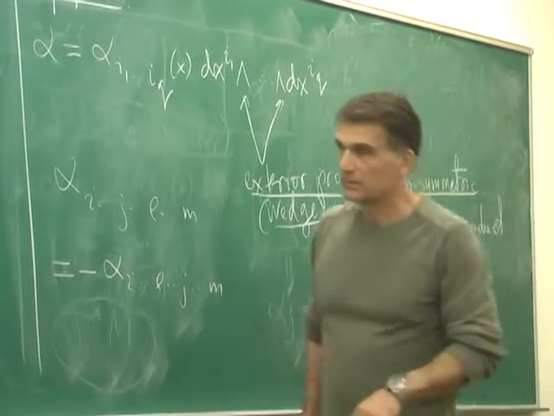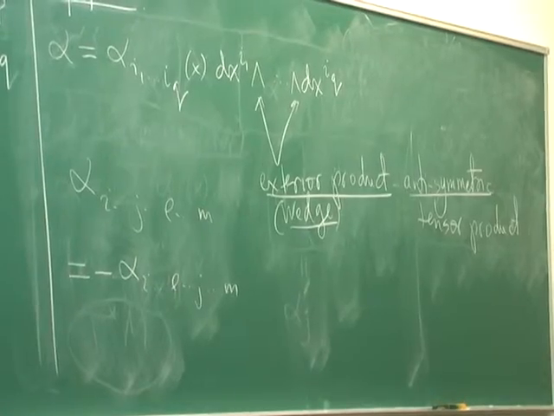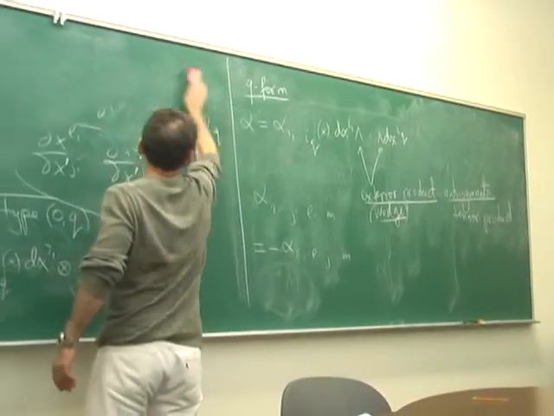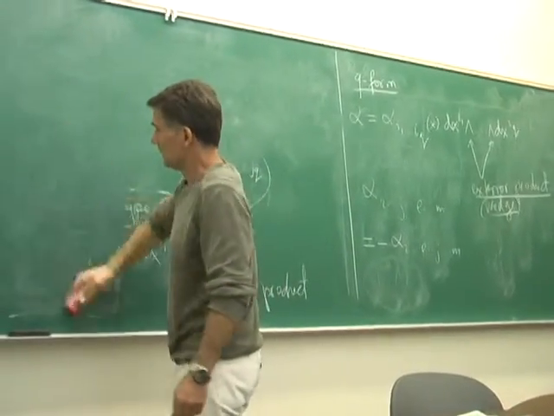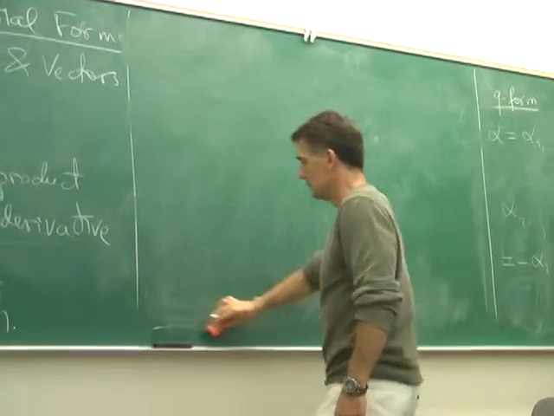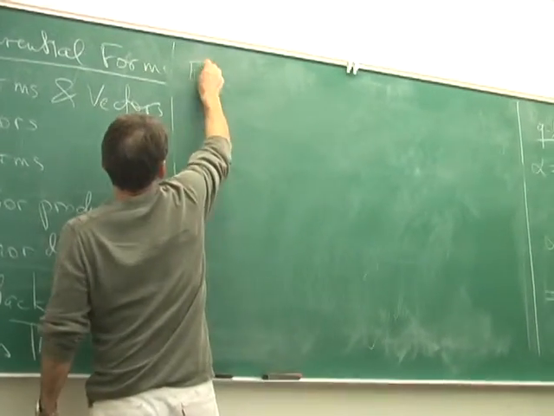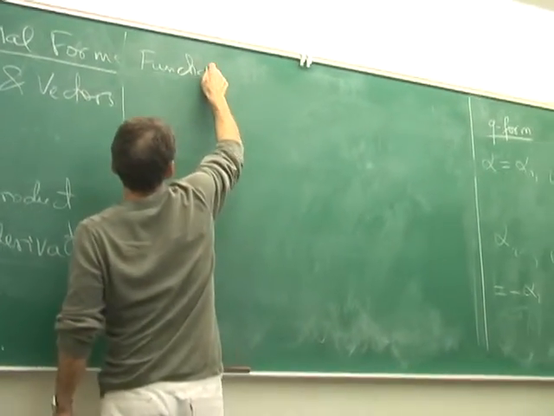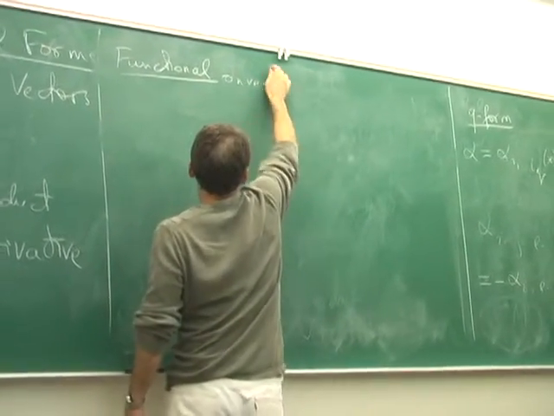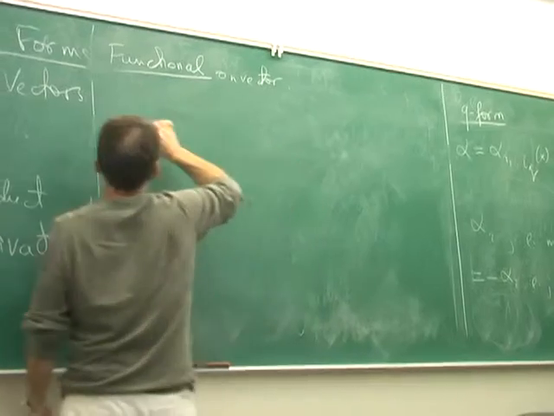Okay, you can also look at this as a functional on vectors, like one form is a linear functional. This will be a multilinear functional. So the form is a multilinear functional.